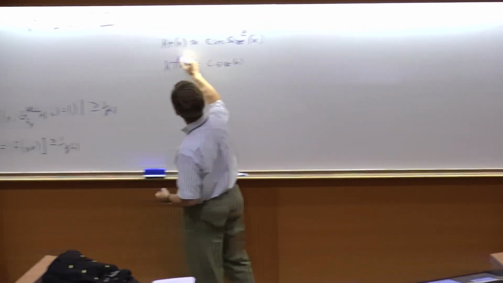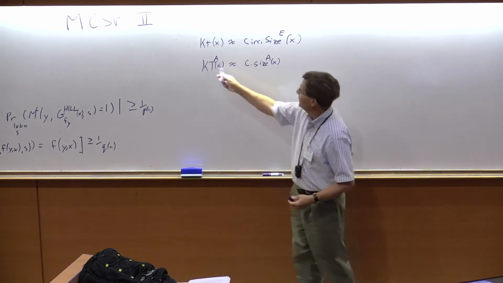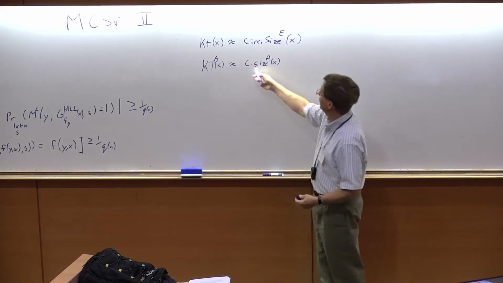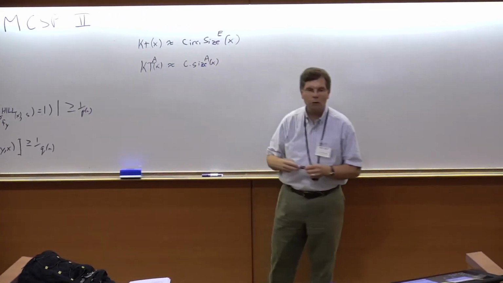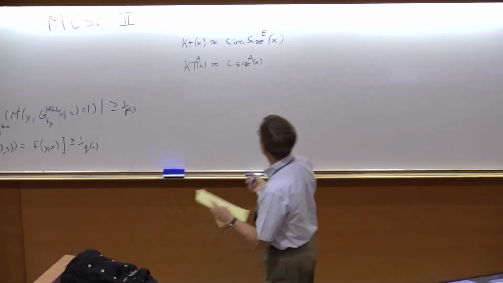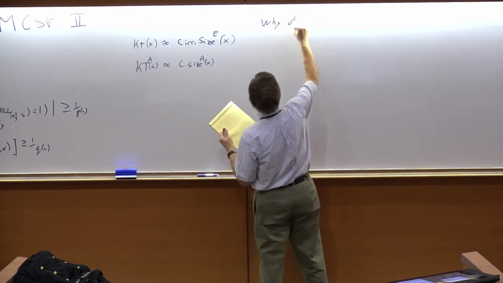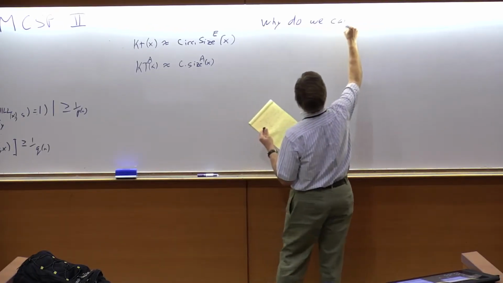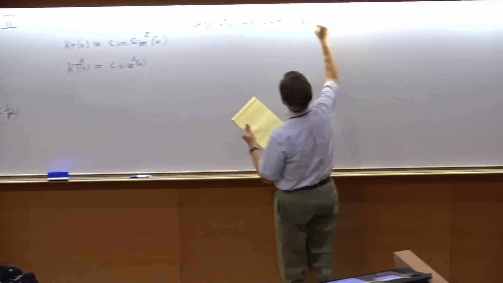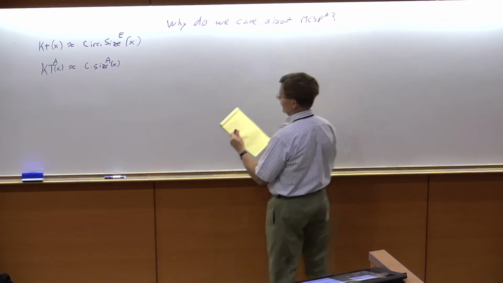Well, I'm going to say this connection, KT relative to A and circuit size relative to A, really holds for a bunch of oracles. And now I need to convince you why we care about MCSP relative to A.